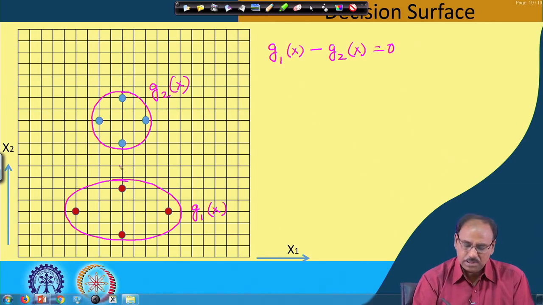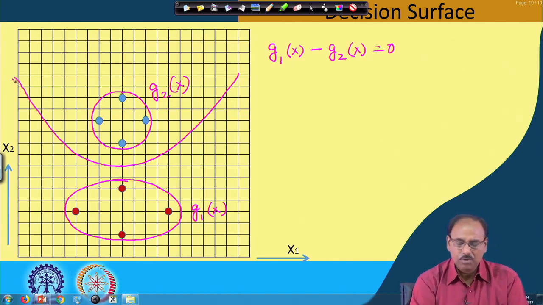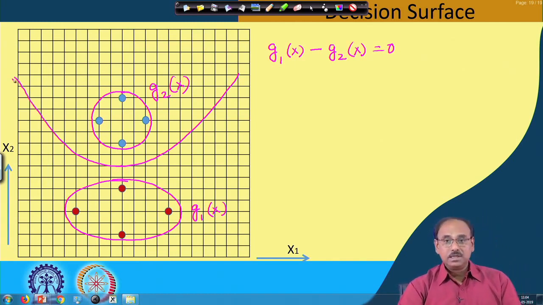If you plot it, the decision boundary will have a shape something like this, which is not a linear decision boundary anymore, as we obtained earlier. In this case the decision boundary will be a nonlinear or quadratic decision boundary.